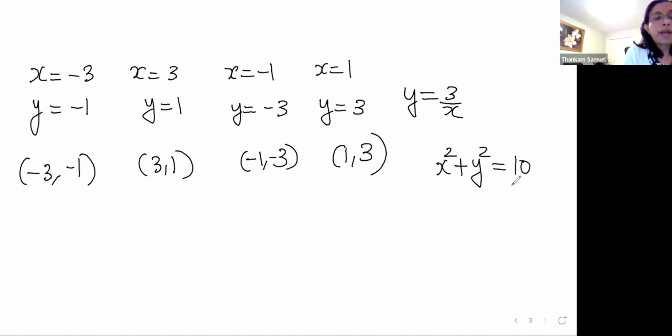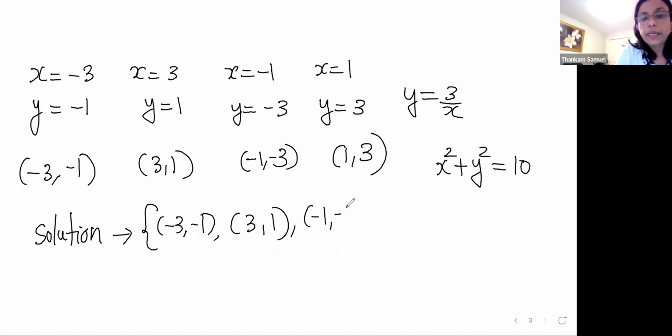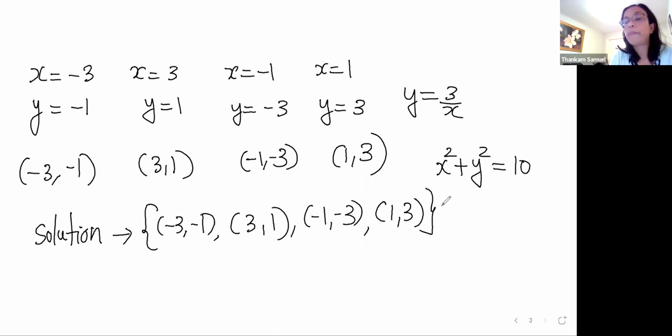So our final solution set equals negative 3, negative 1, 3, 1, and then negative 1, negative 3, and 1, 3. So when you solve systems of nonlinear equations, make sure to check the proposed solutions with both the equations.